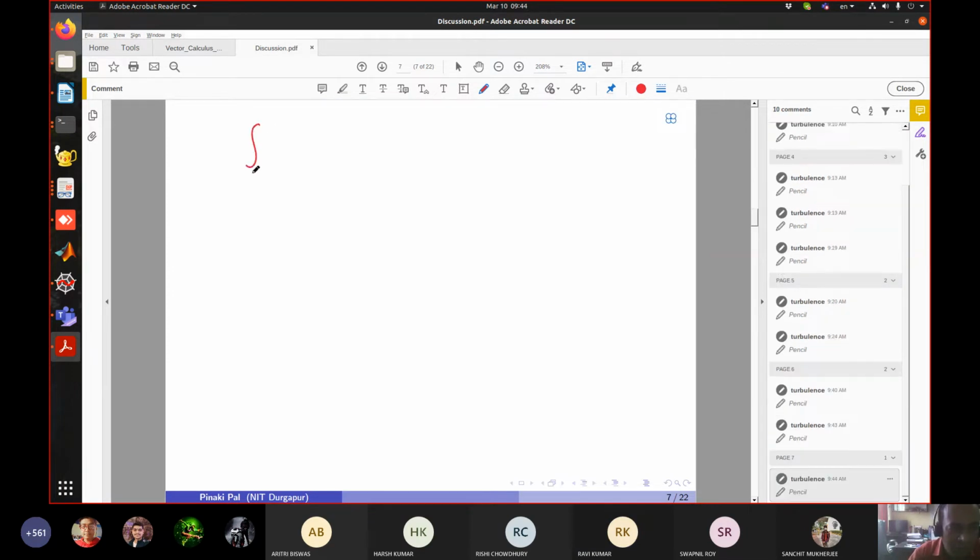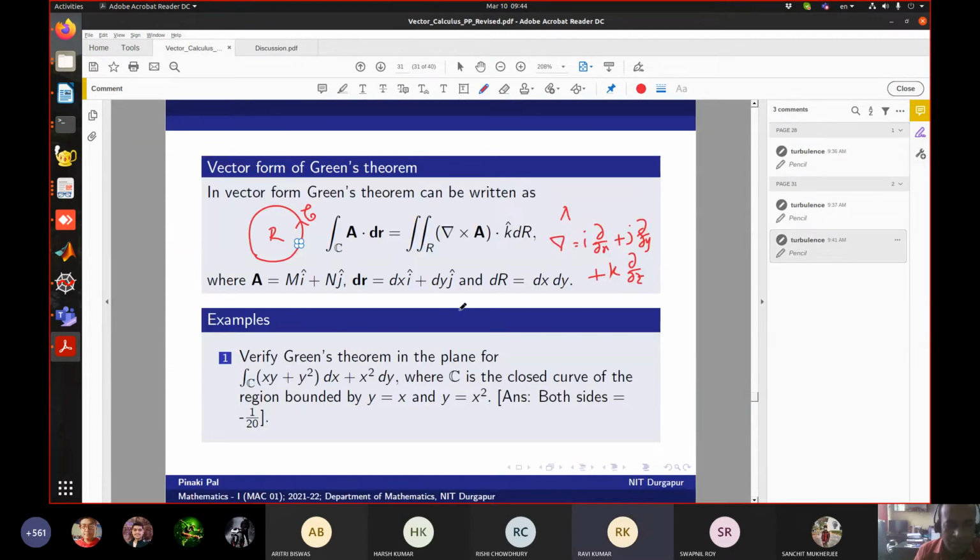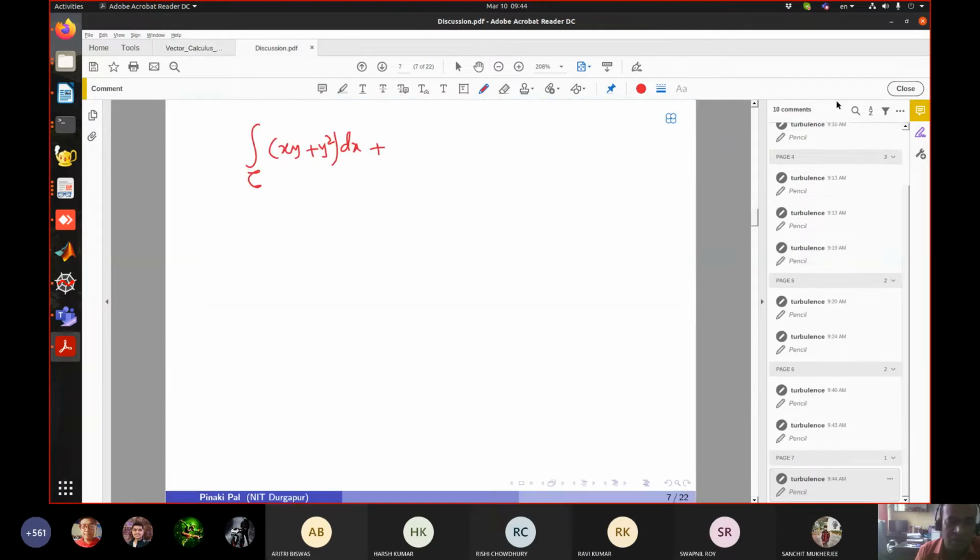So we have to calculate the integral over C of (xy plus y square) dx plus x square dy, with y equal to x and y equal to x square. We have to verify Green's theorem.